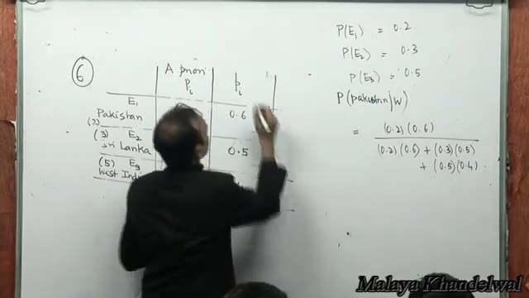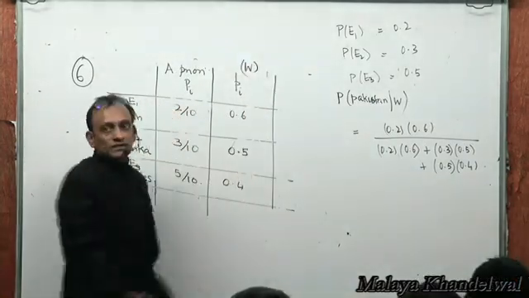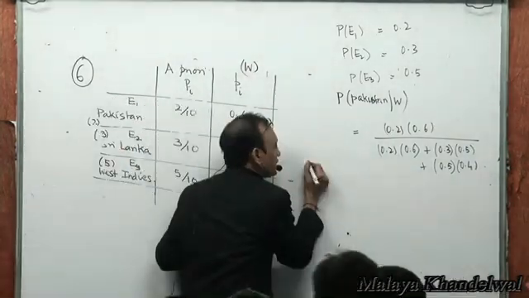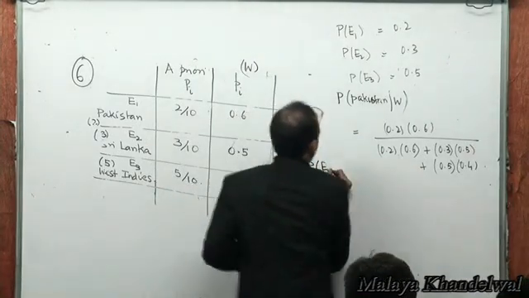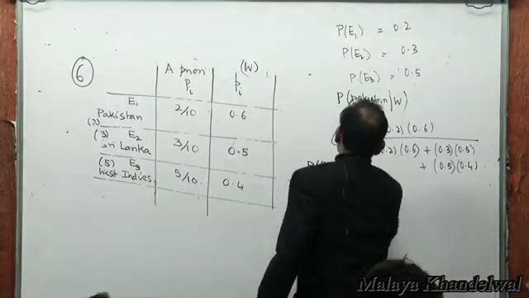We need to find, so this is the event of winning. We want to find the probability of E1 being the cause given that we have won.